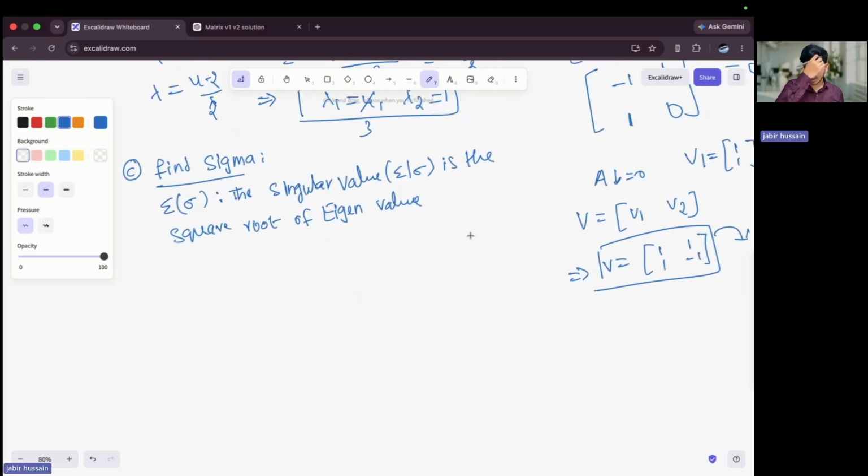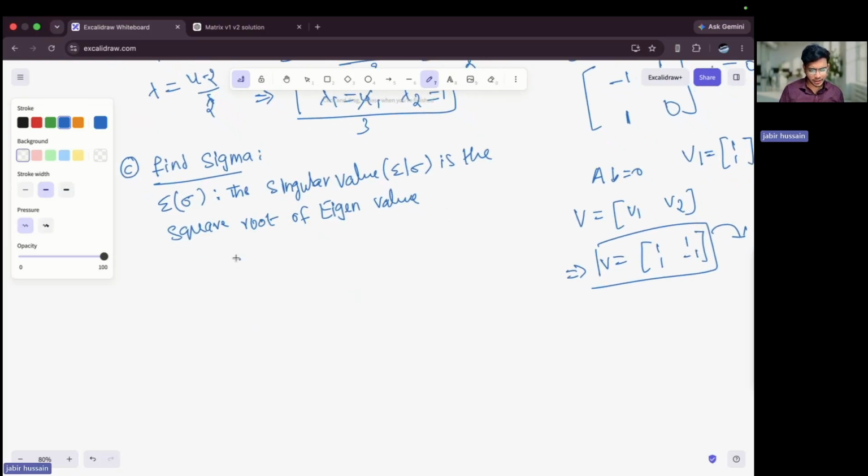Remember that the formula for sigma is root of lambda. This is the formula for finding sigma.